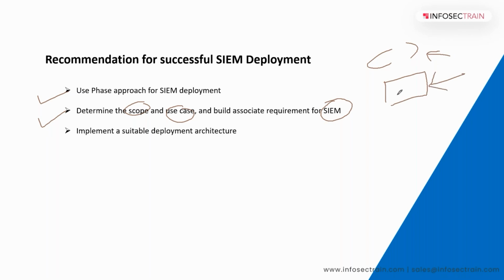What logs you want to collect, what activity you want to monitor. Depending on your asset risk and availability, and on the cost of that asset, create a scope out of it. Implement a suitable deployment architecture, which is going to help you deploy a SIEM successfully.